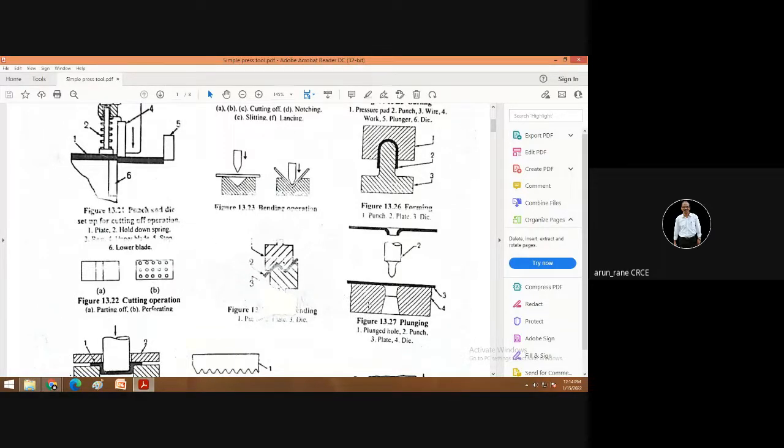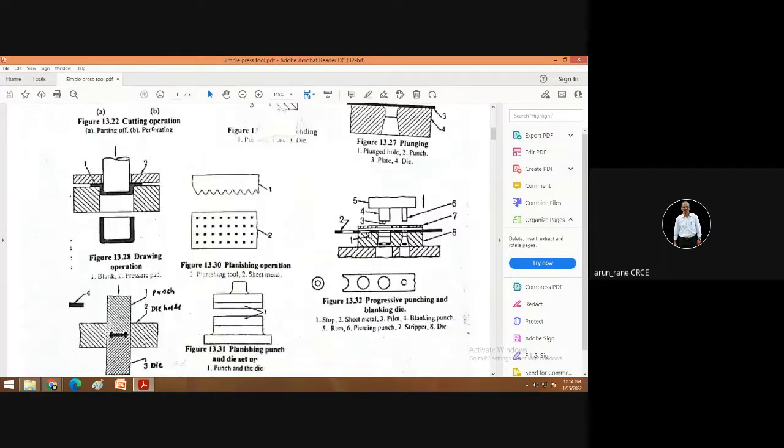This is V bending. This operation is for the plunging, drawing.